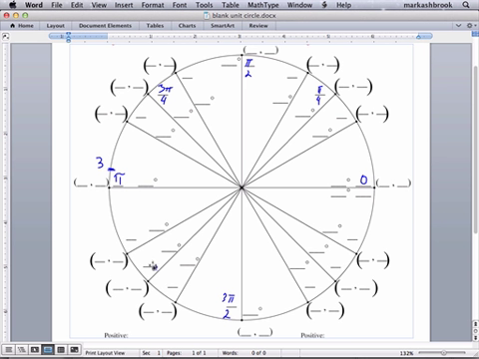Then 5, 6, 7, and then 8 pi over 4 is 2 pi, a rotation of 1 full rotation. So 0 and 2 pi are at the same place, but they're very different angles. 0 means no openness, 2 pi means a full rotation.